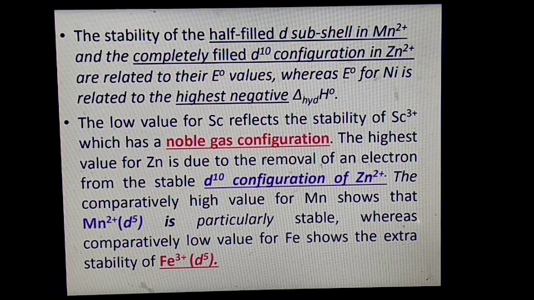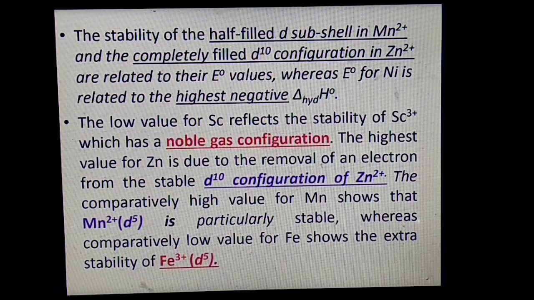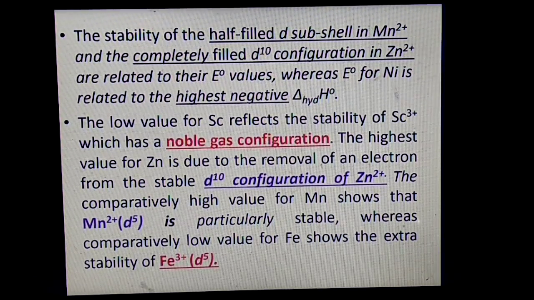Students, you know that d5, d10 configuration is a stable configuration, and inert gas configuration is a stable configuration. The stability of the half-filled d subshell in Mn2 plus and the completely filled d orbitals in Zn2 plus are related to their E0 values, whereas E0 for nickel is related to the highest negative hydration enthalpy. So students, up to this, the halides and oxides of the 3d series we have discussed today.